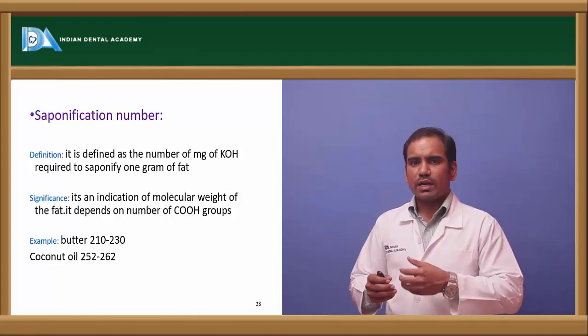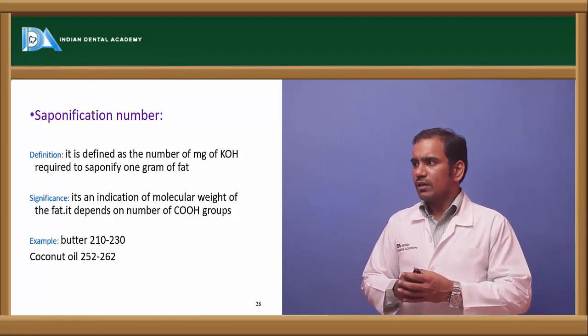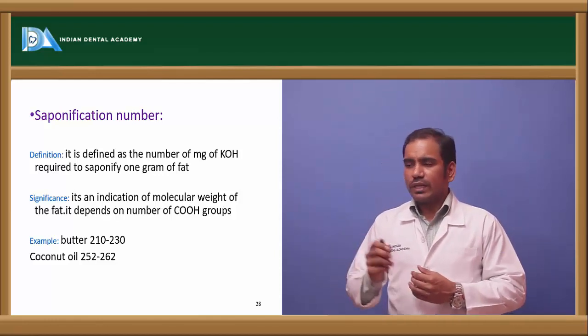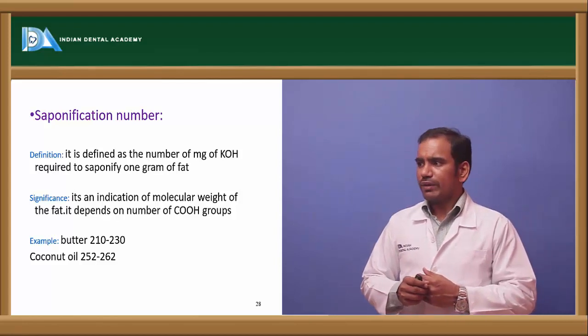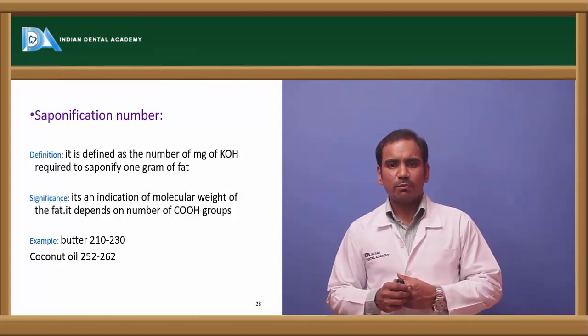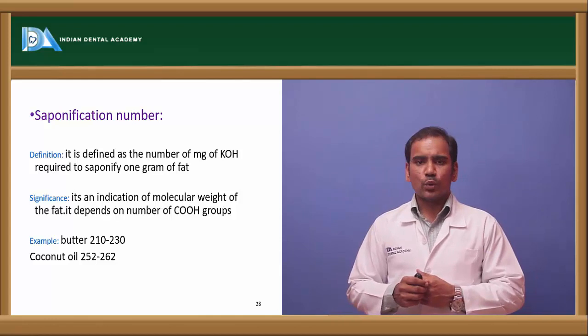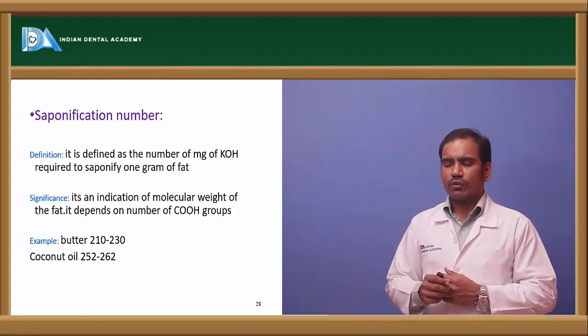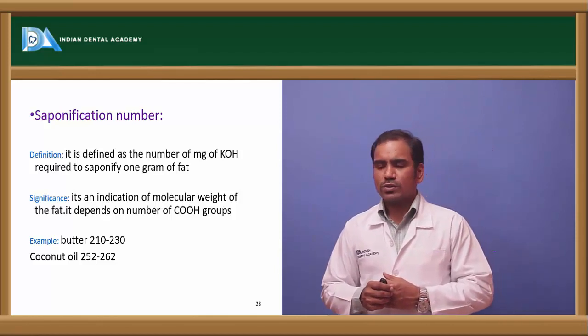If the short chain fatty acids are more in concentration, the number will be altered. So the examples for saponification number are: butter has a saponification number of 210 to 230, and coconut oil has a saponification number of 250 to 262.